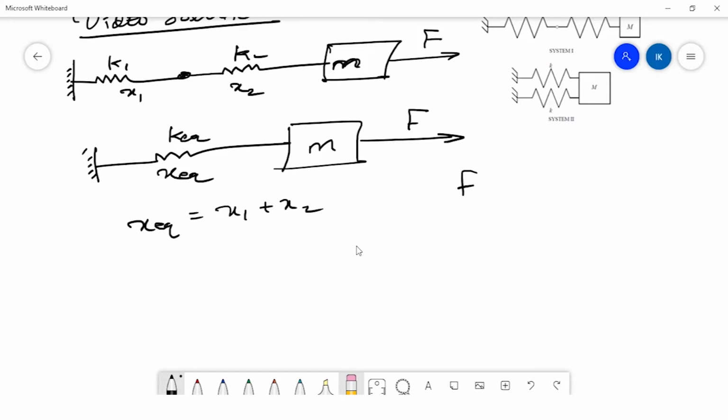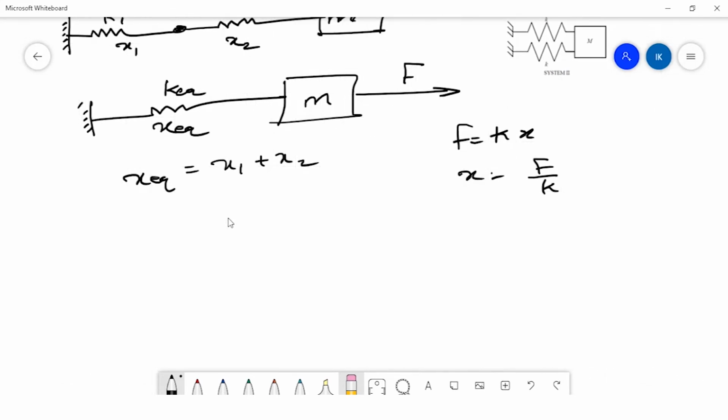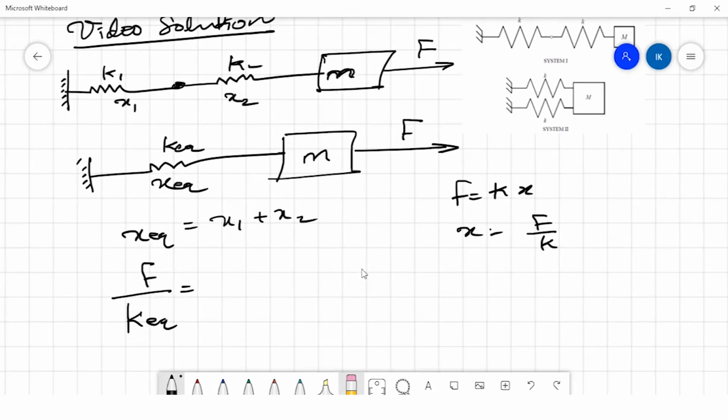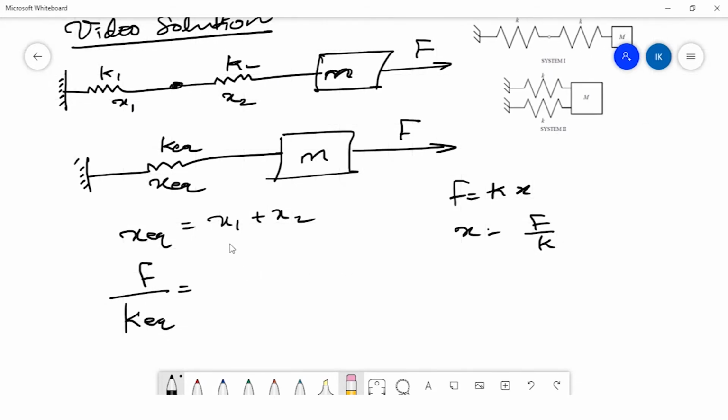But we know that F equal to Kx, therefore x equal to F by K. So x equivalent is F divided by K equivalent, and the force on K1 will be F, and the force on K2 will also be F. So x1 is F divided by K1, where K1 is the spring constant of spring 1, and x2 is F by K2.